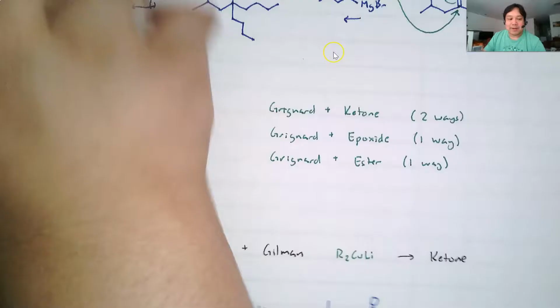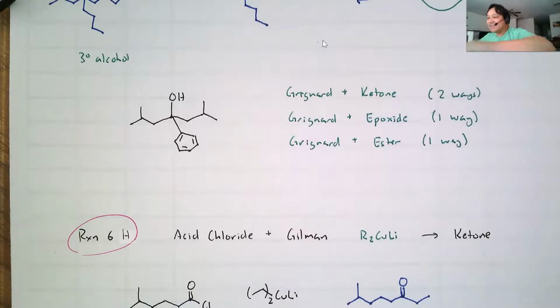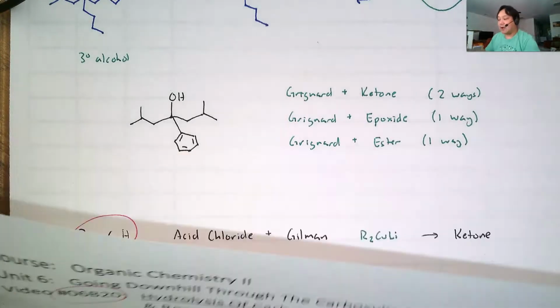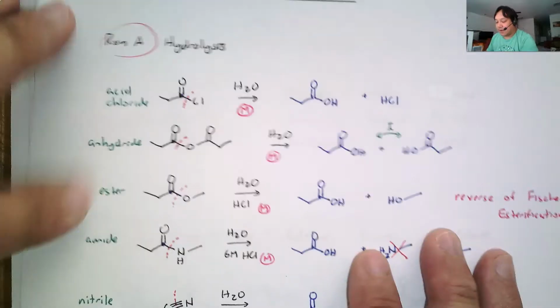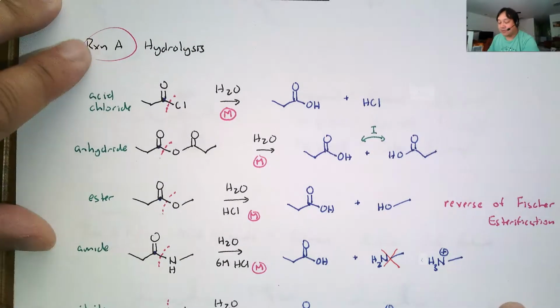Maybe in class or maybe in a separate video after this, we could try roadmaps. We could try recategorizing. I'll tell you this, the way that we talked about these reactions, how we categorize them: look at our first reaction from the second video, reaction A, hydrolysis.